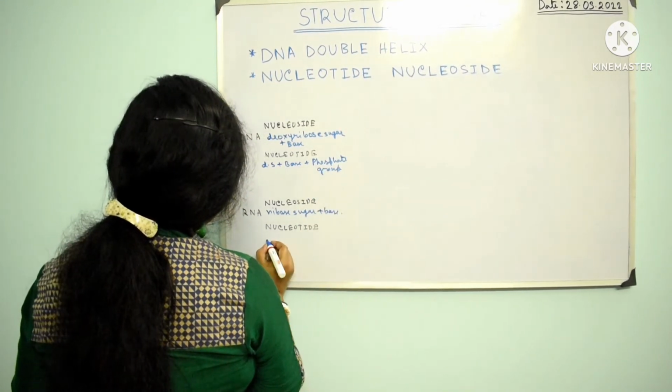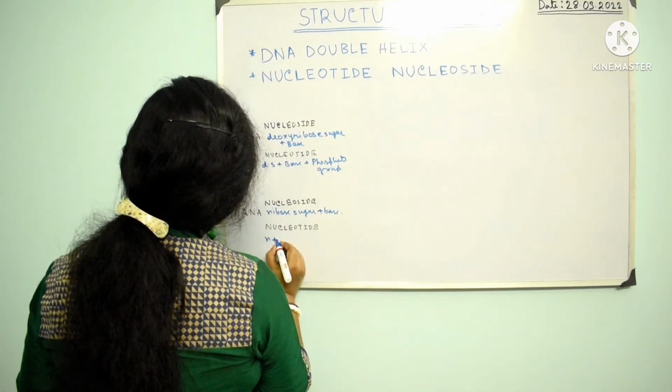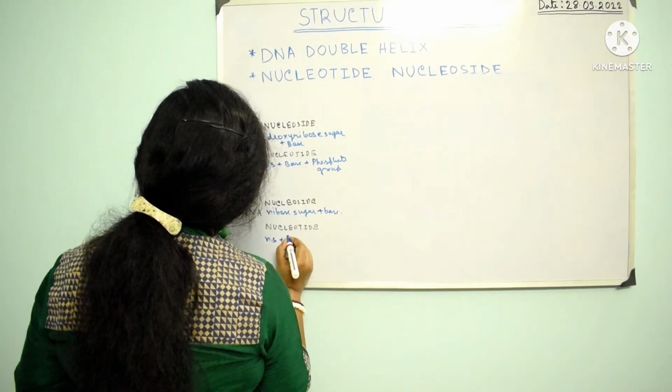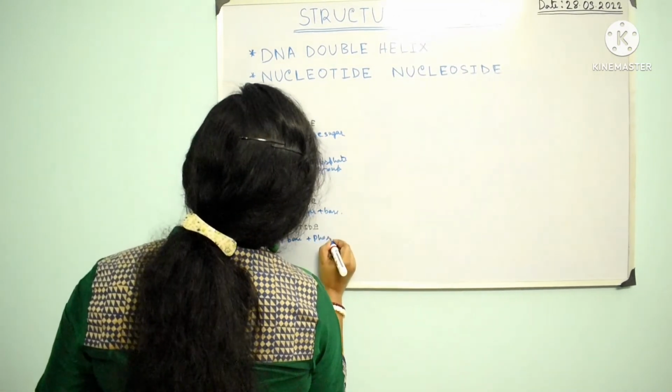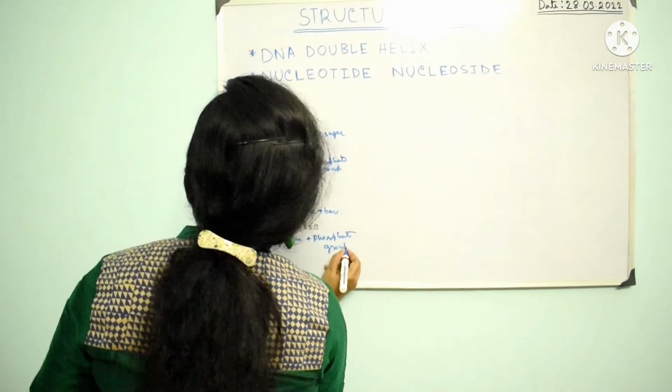Here also ribose sugar plus base plus phosphate group.